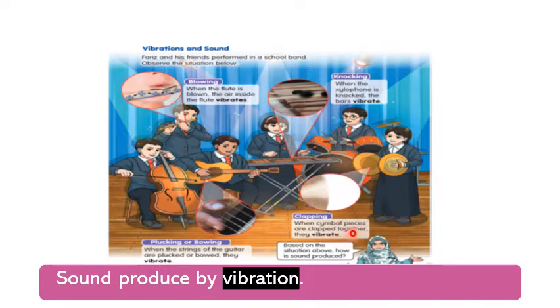Clapping. When cymbal pieces are clapped together, they vibrate. Plucking or bowing. When the strings of the guitar are plucked or bowed, they vibrate. Based on the situation above, how is sound produced? Sound is produced by vibration.